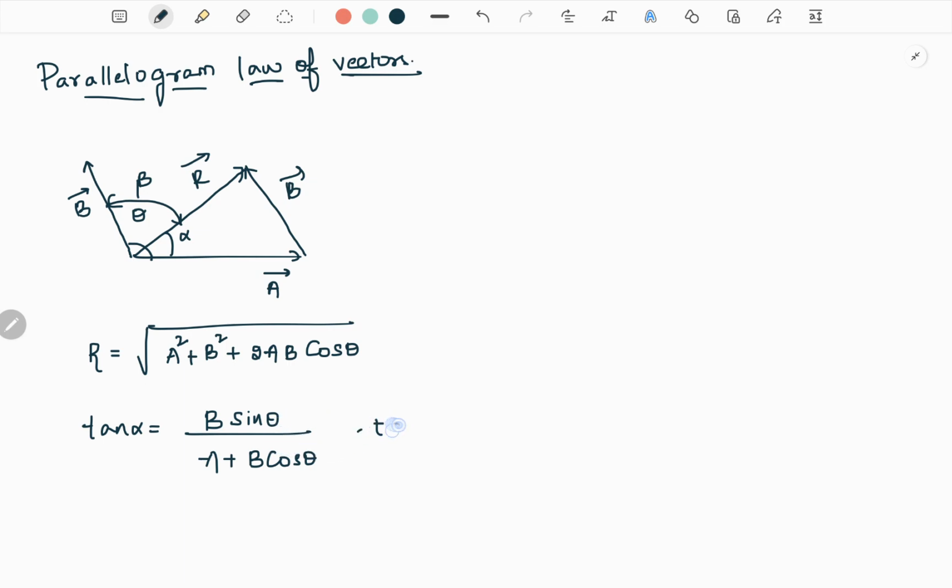Similarly, we can also write tan beta is equal to a sin theta divided by b plus a cos theta. These three are the main relations that we obtain from the parallelogram of vectors. Using these three relations, let's discuss a few special cases which we'll sometimes encounter in problems.